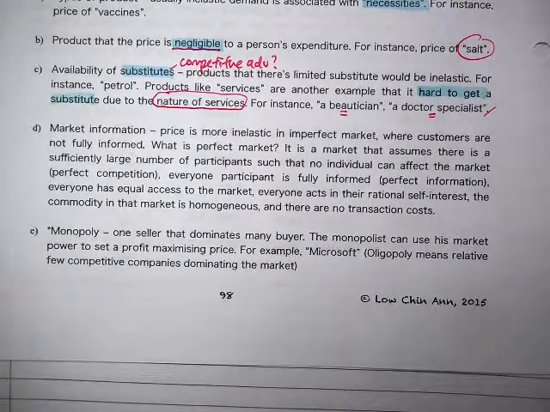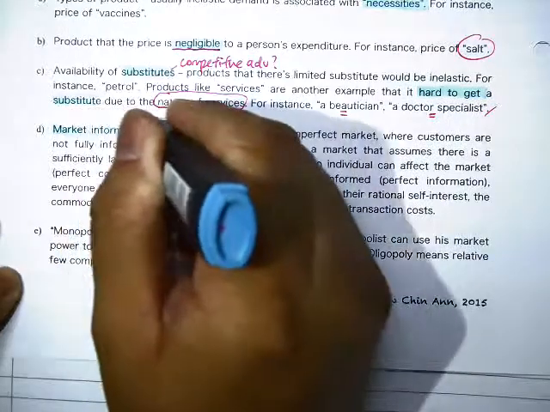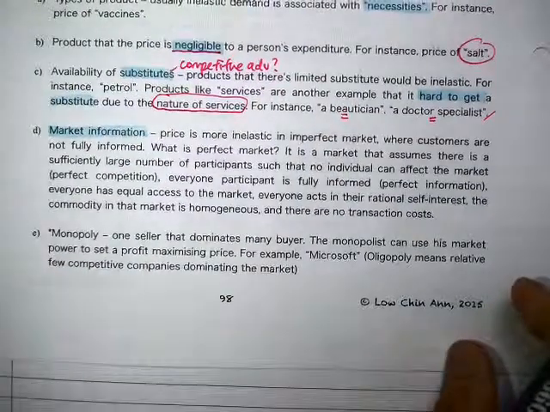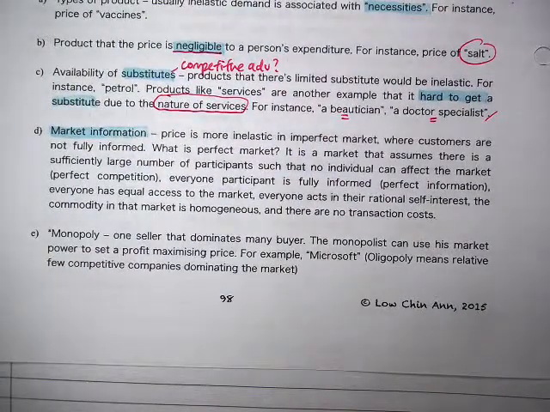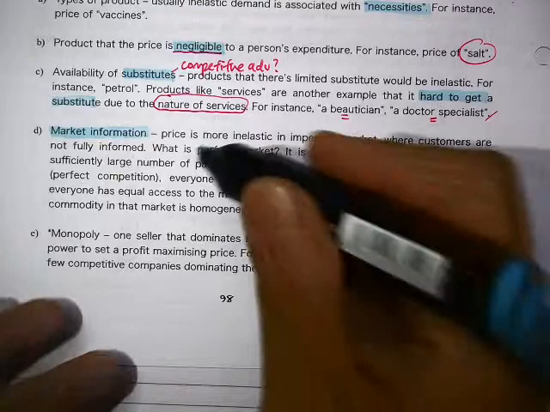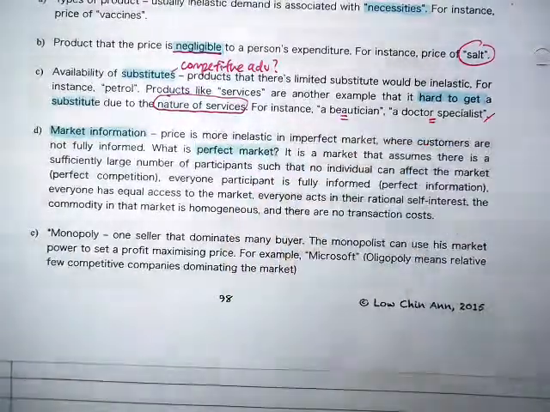Now we are looking at market information. Now when market information is very strong, that information travels very fast. Now we call this a perfect market.